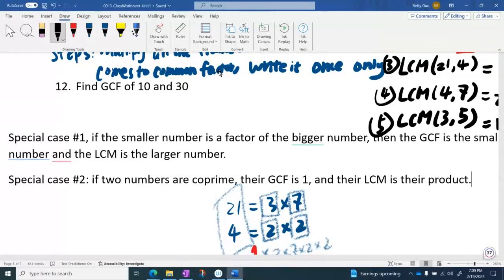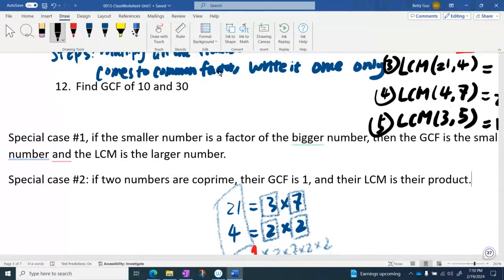You would have to do both, understand and memorize. Let me know, are we good with those two conclusions? Because we are going to use those two conclusions to solve some problems. Two special cases. Many times when you need to find the GCF and LCM, they are the two special cases. If they are not one of the two special cases, you would have to apply the 3-step process to find the GCF or LCM.